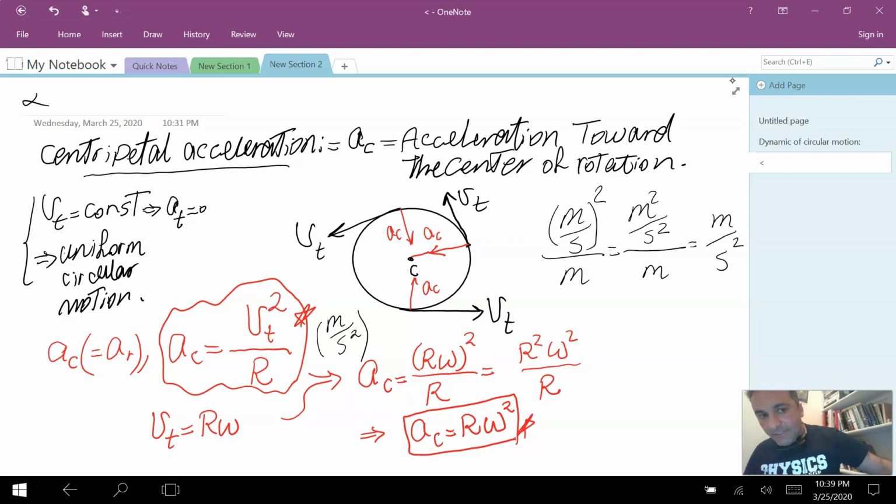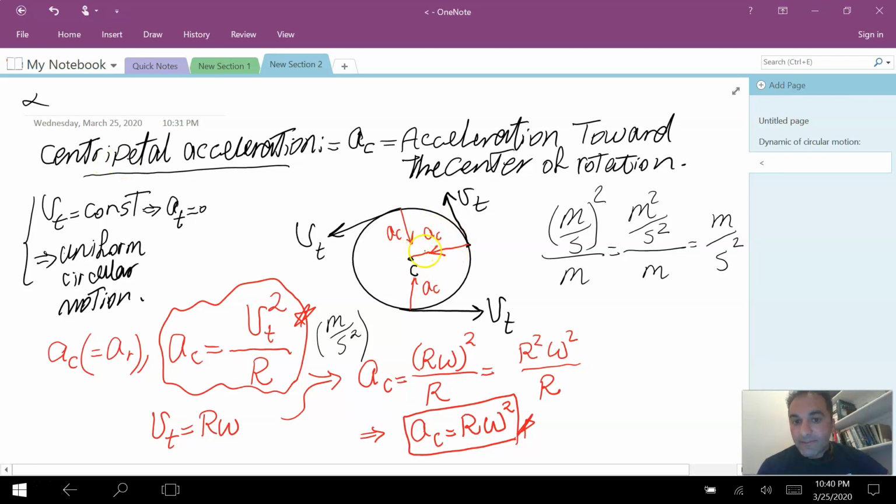That acceleration is called centripetal acceleration. By the name, we can understand that it is centripetal. It's acceleration toward the center. So do not forget this, please, that AC is always toward the center when an object rotates about a point.